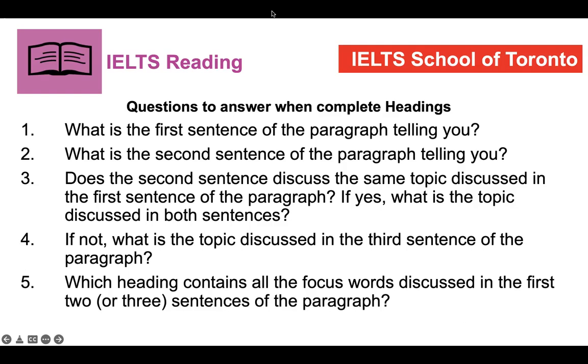The most important thing, never give the answer unless you have a synonym. So a word or two words in the headings said in synonyms in the first and in the second sentence. And we will complete one exercise together right now to illustrate all these points.